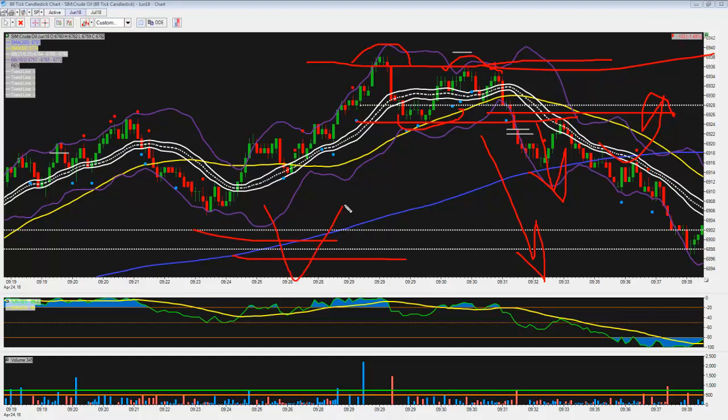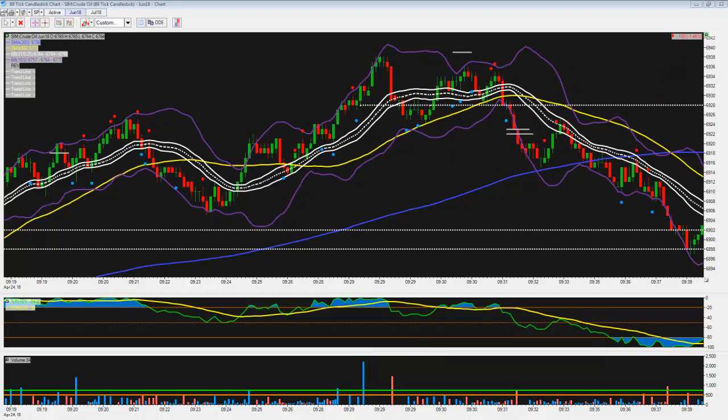Support's usually easy to get down and through, but resistance is a lot harder to get up through once it's printed and put on the charts. Doesn't mean it can't, just means it's harder to get to it.